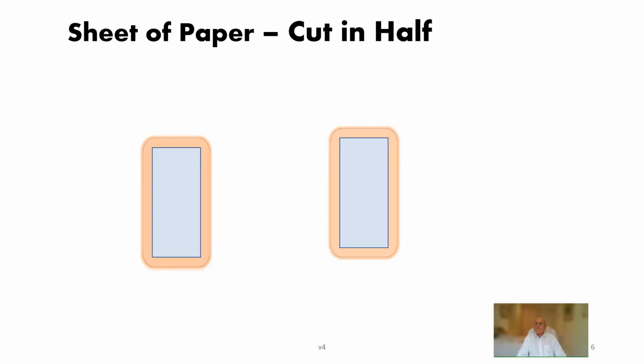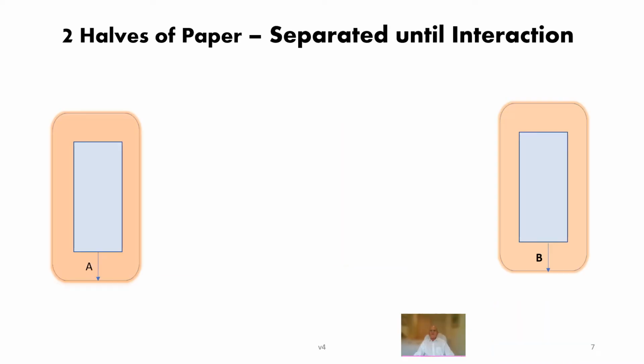Having cut the previous sheet of paper in 2, note that the auras are expanding as the 2 sheets separate. The auras further expand as they separate. When they have expanded by about 30%, they then start interacting.